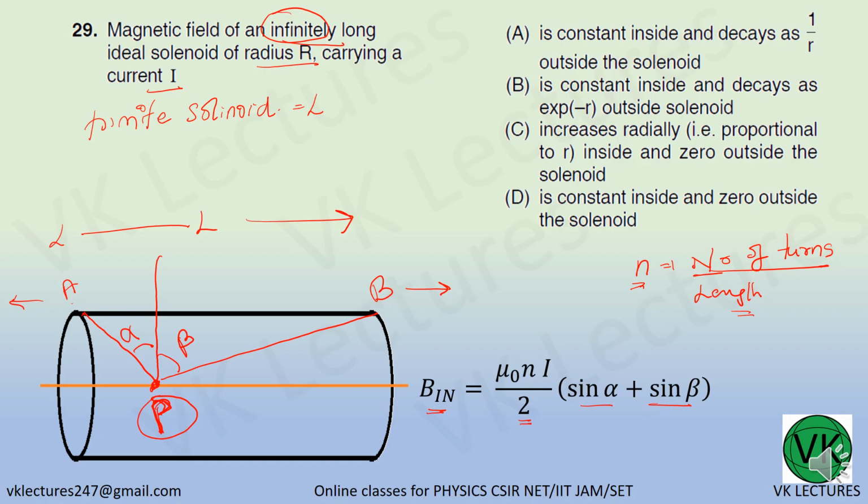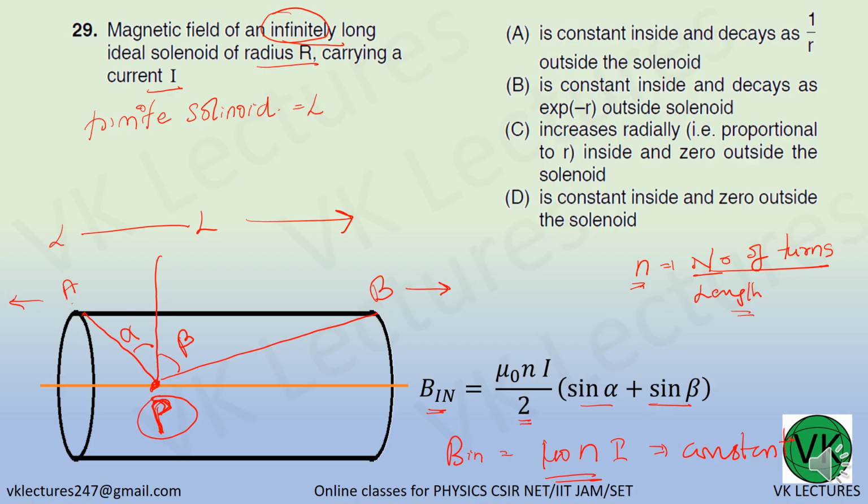Then B inside will be, alpha and beta are 90, means sine alpha plus sine beta equal to 1 plus 1, that is nothing but 2. So mu naught n I. So this is the magnetic field inside an infinitely long solenoid. Okay, so which is constant.